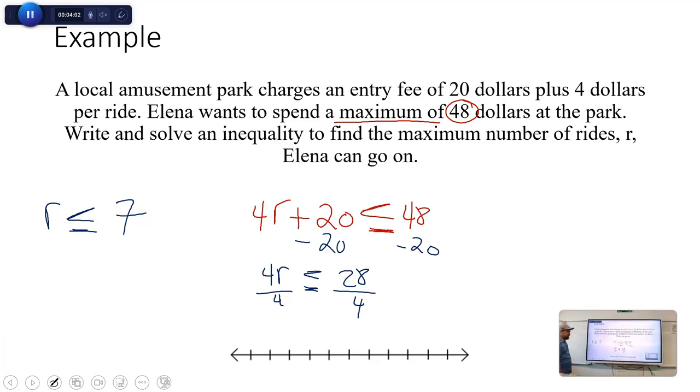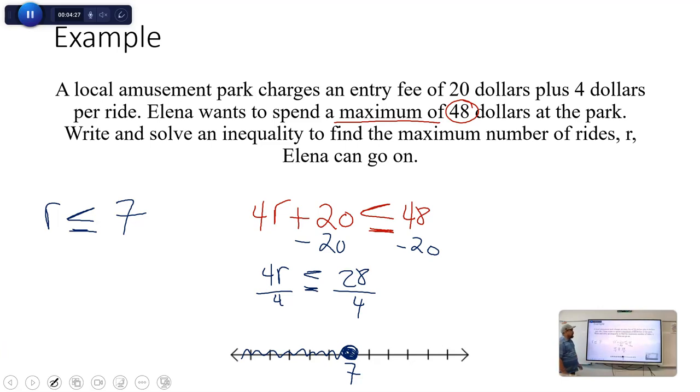That means she can go on 7 rides or fewer and be able to stay at her $48 or under. So if I were to graph this, that would be at 7, and it's going to be a closed circle going to the left, because 7 is the maximum rides that she can ride, and anything less than that.